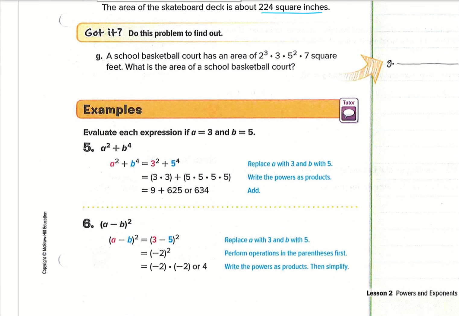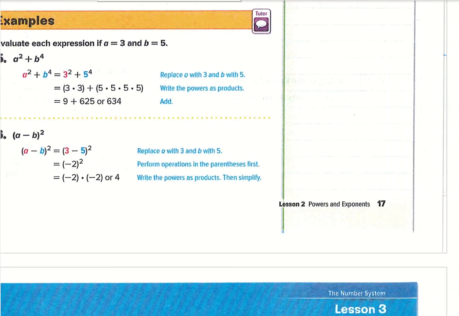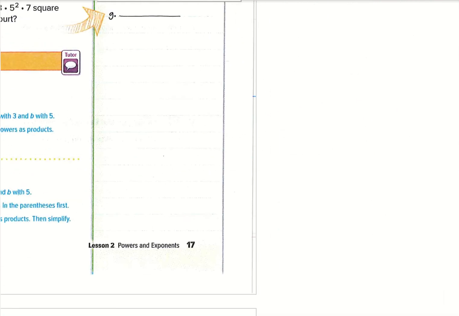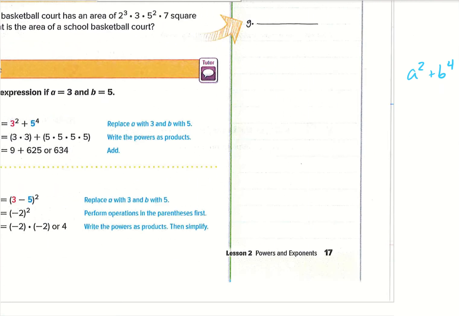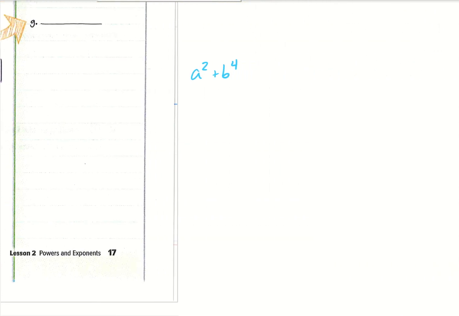All right. And then lastly, we've got example 5 and example 6. Okay. This is where we've got, let's see, they said a squared plus b to the 4th. Okay. And then they tell us that a is 3 and b is 5.